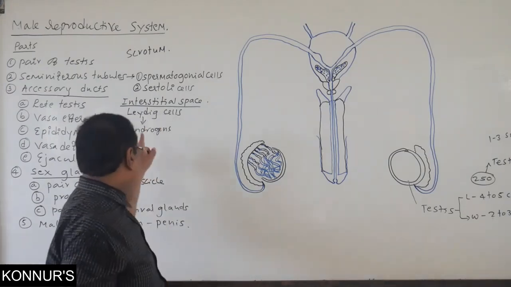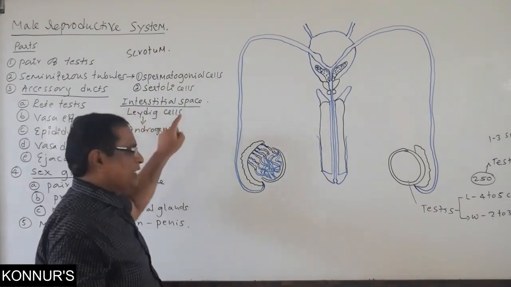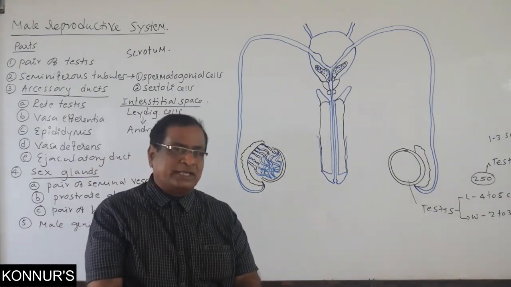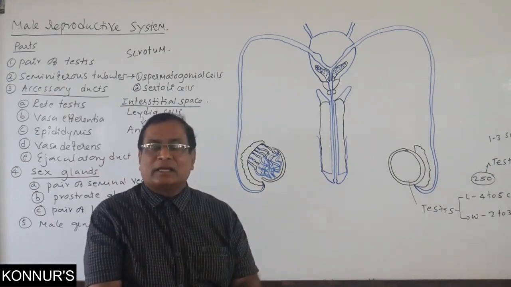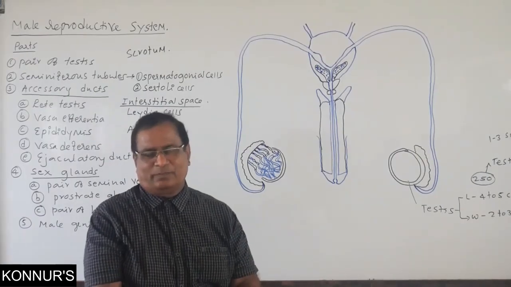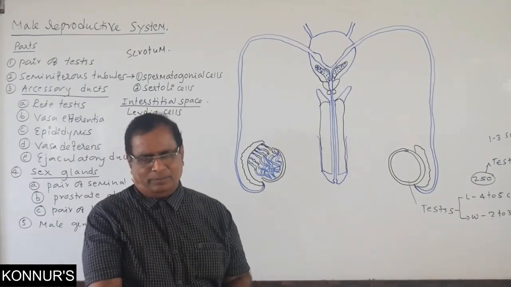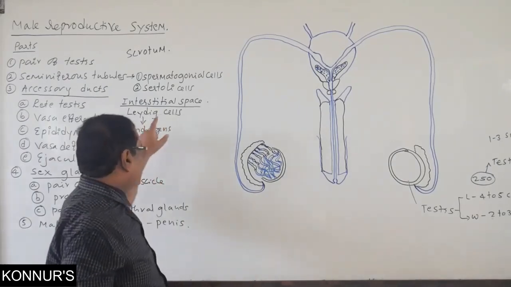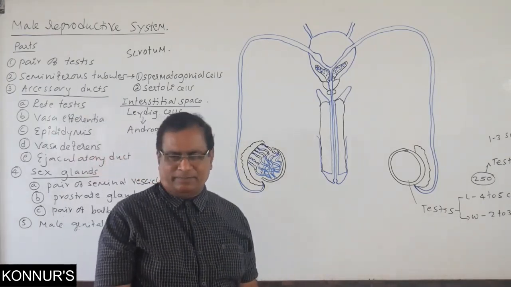They are produced by Leydig cells. In addition to that, in the interstitial space we also find some other immunologically competent cells, along with Leydig cells.